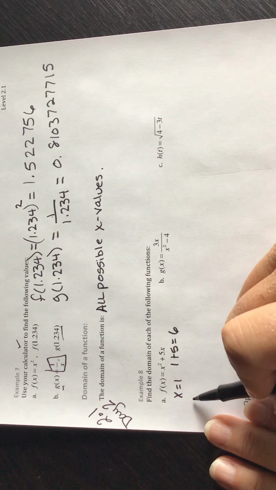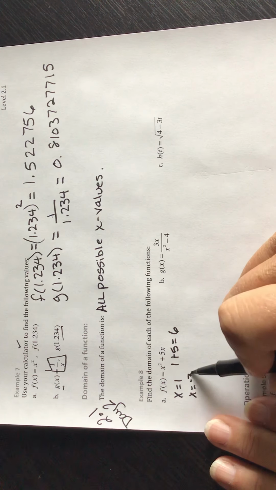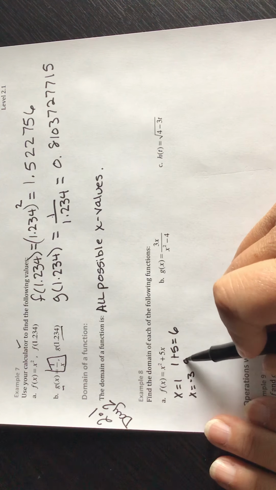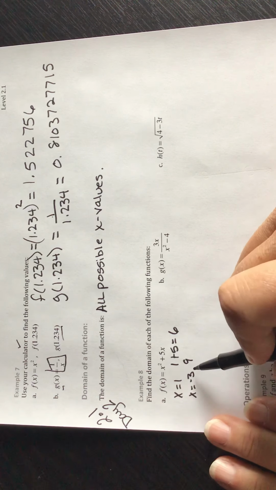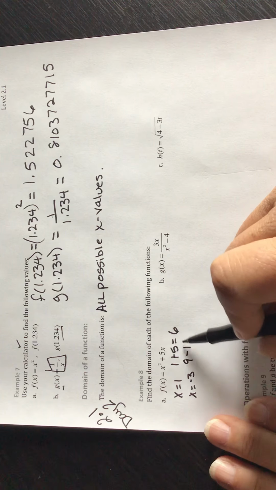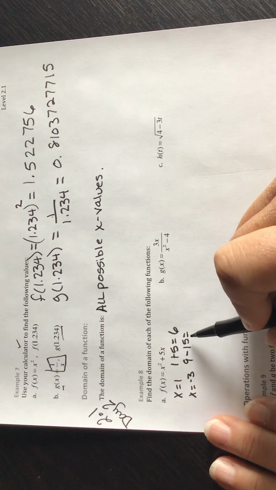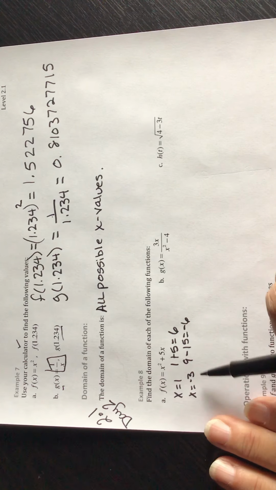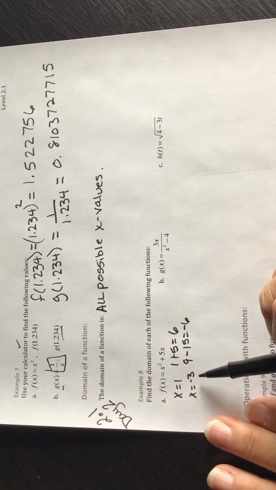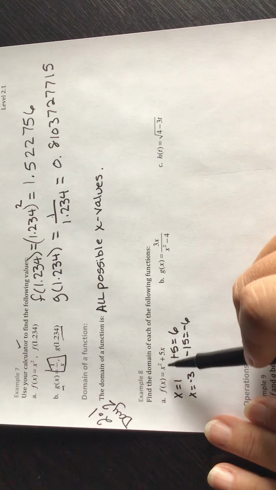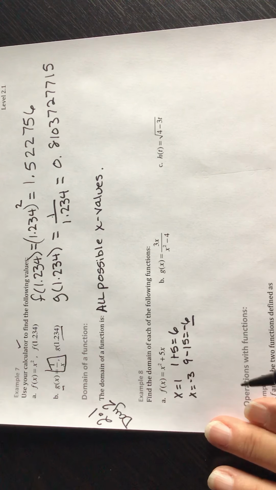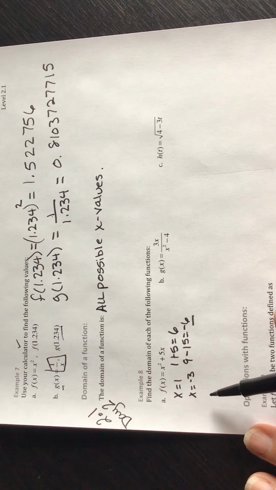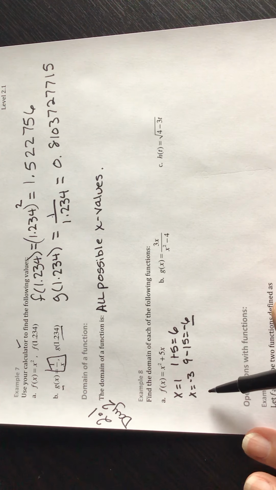If I put in negative 3, I have negative 3 squared is 9, plus 5 times negative 3 is negative 15, and that would be negative 6. So what I'm getting at here is any value I put in for x, I'm going to get out one y value. And it doesn't matter what the x value is. I can put in any number I want.